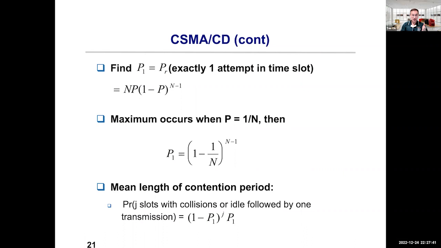The probability of a first attempt here is P1, the probability of a successful first event, and the maximum occurrence is 1 over n. And P1 equals this. The mean length of the contention period is J slots with collision, followed by one transmission, as you can see here. Okay.